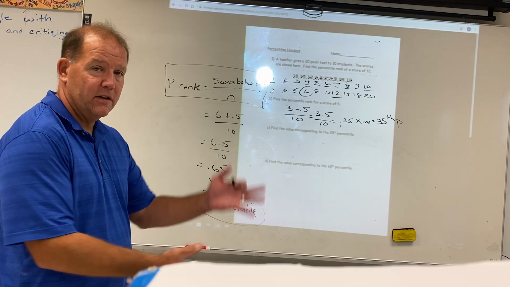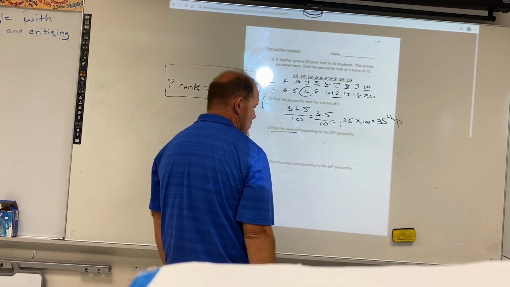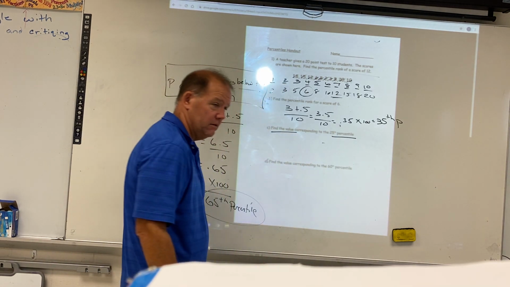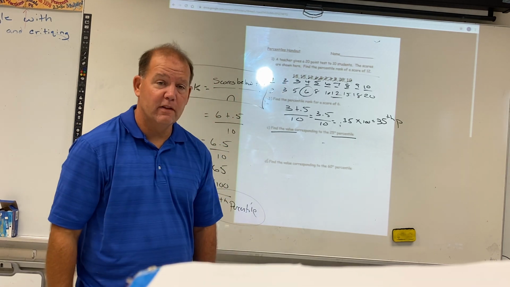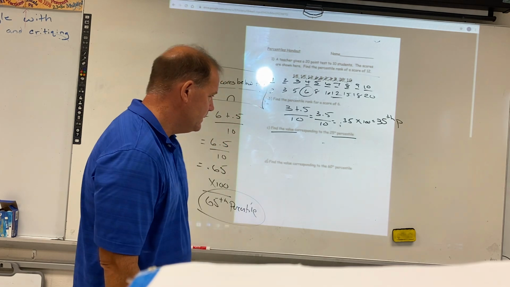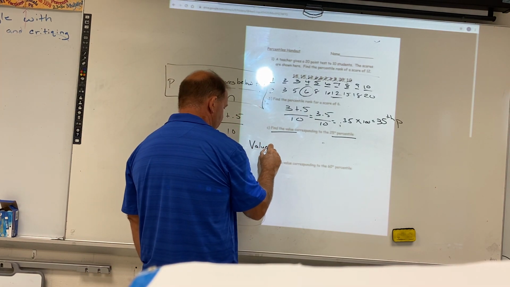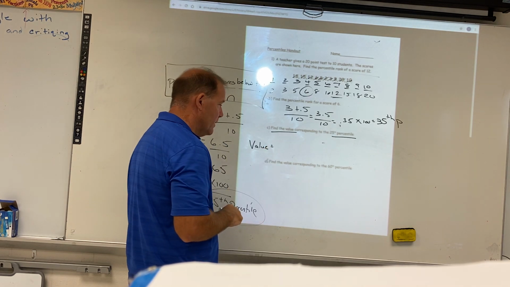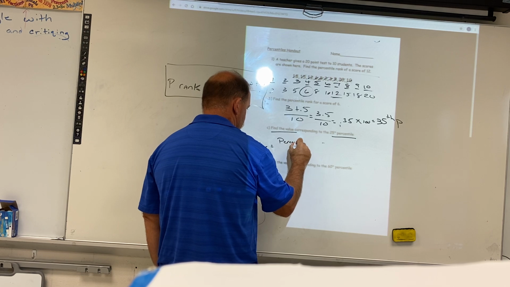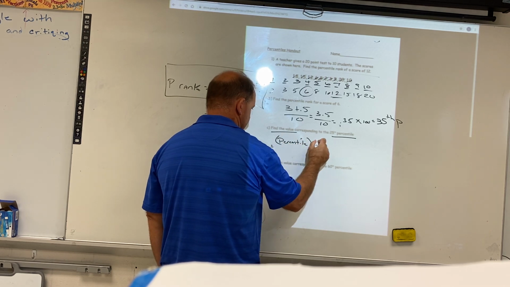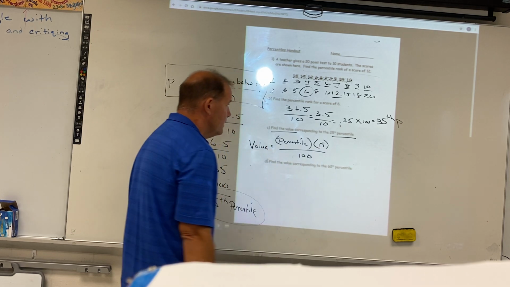Now, if we reverse it, if we do the opposite, it says find the value corresponding to the 25th percentile. Now we want to know what score up here would represent the 25th percentile. When we're trying to find the value, our formula is going to be the percentile times the number divided by 100.